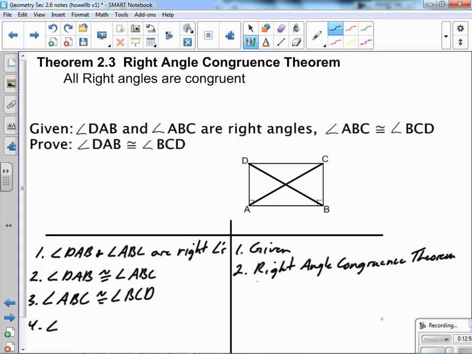So angle DAB is congruent to angle BCD. I guess I didn't put the reason for 3, but that was the transitive property.